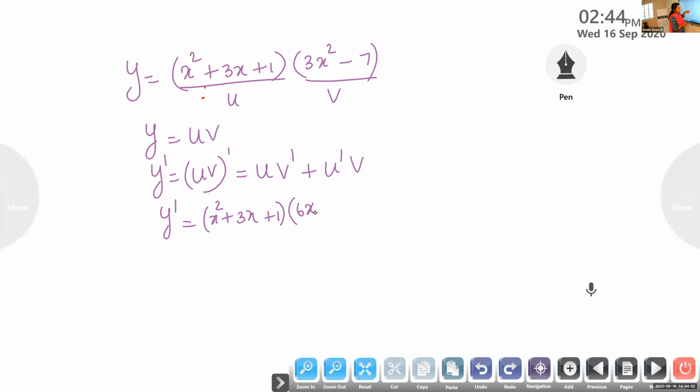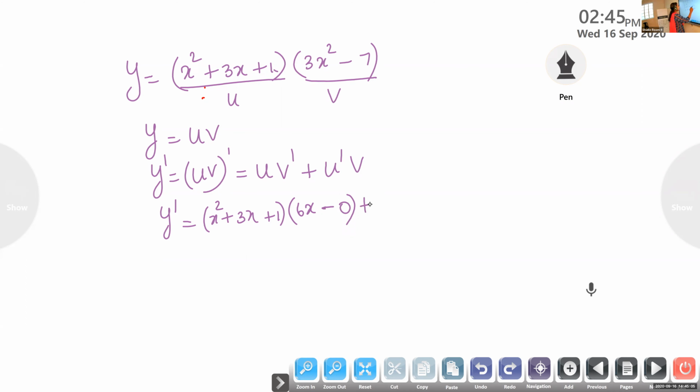Is it clear? 3 into the derivative of x square. What is the derivative of x square? 2x. So 3 into 2x. So you'll get 6x minus 0.